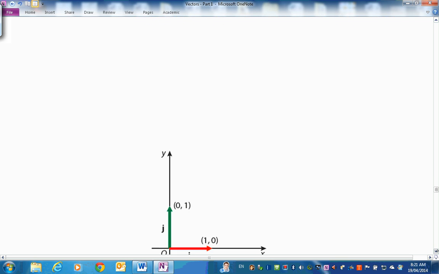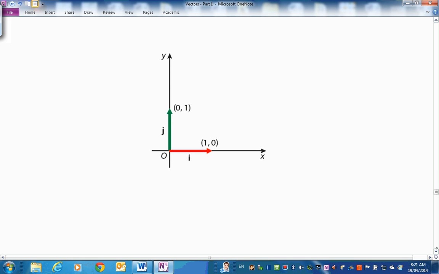Okay, so what we're going to do is look at, still playing with the same idea, but in 2 dimensions, think about a vector along the x-axis as being vector i, 1 unit long. So these are 1 unit vectors along the axes. So the one along the y-axis is going to be a 1 unit vector in the y direction, j.